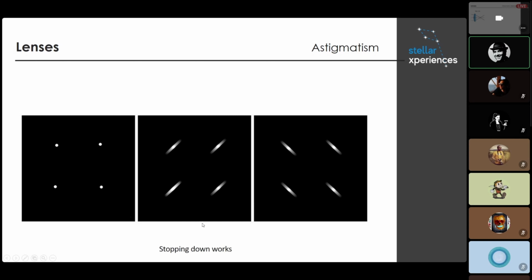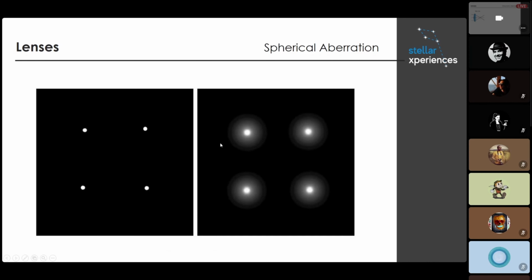Again, stopping down works for astigmatism. That's why we really have to look for faster lenses or smaller f-number lenses for astrophotography.